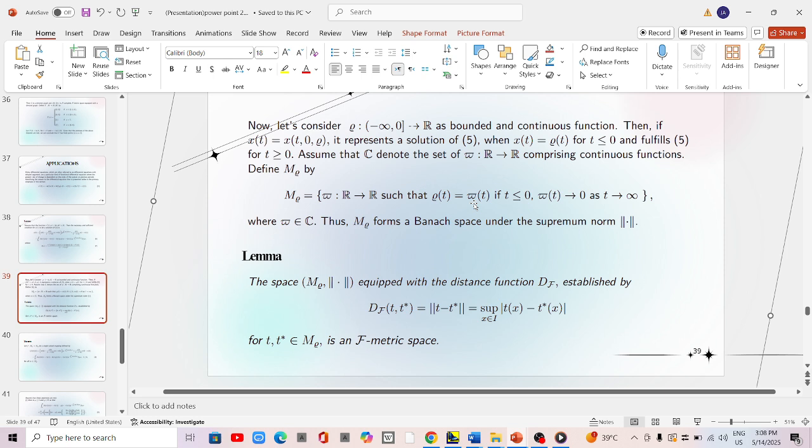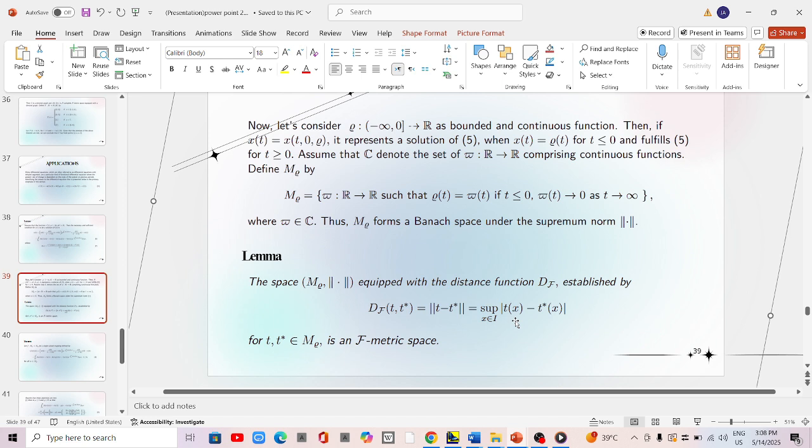Now on it we define the metric d. So we define the metric d_F. If we see in the lemma, d_F of T and T dash is the norm of T minus T dash. So how do we say that? It is given in this way. It means the maximum of the difference of their values.